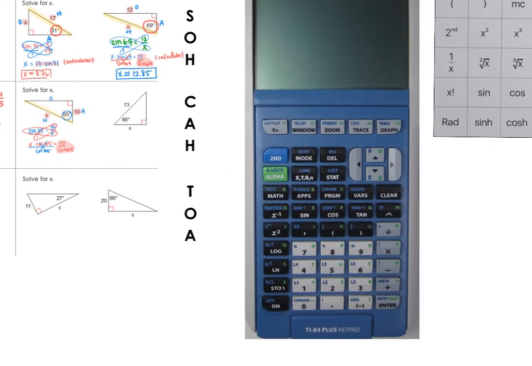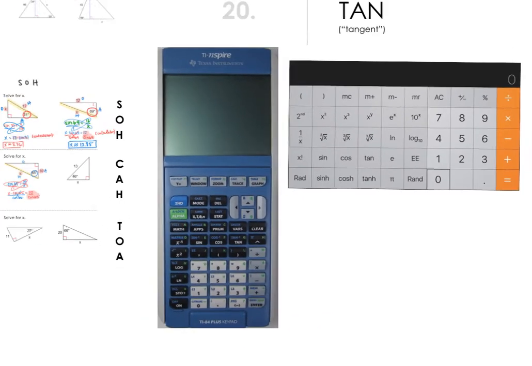Looking at our calculator, remember the blue calculators that we have in class, you enter it the same way it looks right here, 10 divided by cosine 65. So you do 10 divided by cosine, make sure you hit cosine, 65, and then you would close your parentheses, hit enter, and you should get your result. An iPhone calculator is a little bit different.